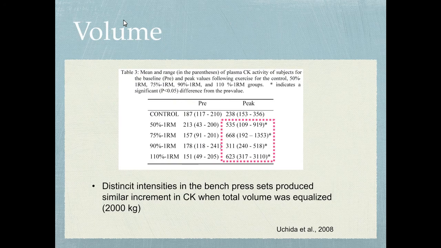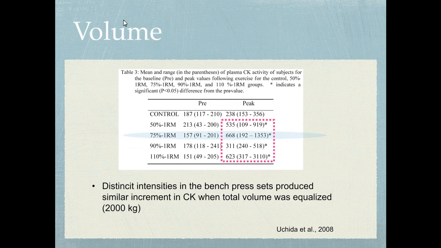But it's also dependent on volume, which is going to be an interaction between intensity and volume. So if you look at 50% 1RM, these are untrained people, creatine kinase goes from 213 to 535. But if we look here at 75%, we see it go from 157 to 668. And that is a sweet spot because it's relatively high intensity, but the volume can still be high.